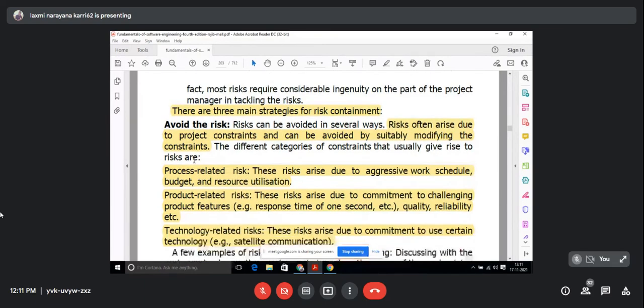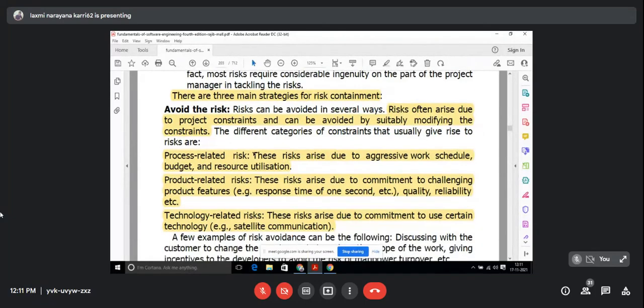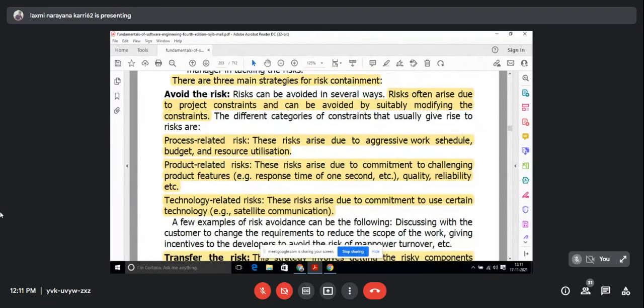Project-related risks arise due to aggressive work schedule, budget, and resource utilization. If you have a very tight schedule, these risks should be avoided. We have to avoid a very aggressive work schedule. Project-related risks also arise due to commitment to challenge.